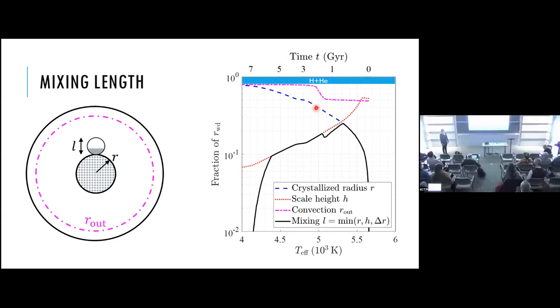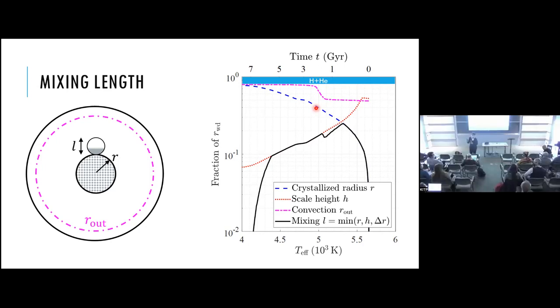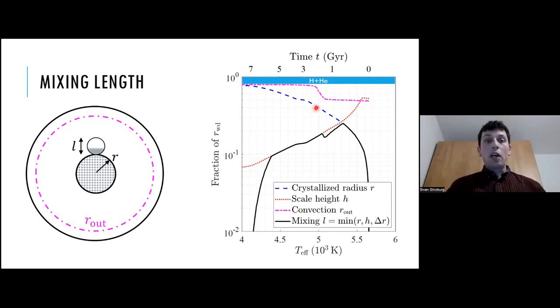Perfect, thank you. Evan? Hi, Sivan, great talk. This is Evan Bauer. I'm wondering, does the dynamo require some differential rotation, and does that constrain where it's operating in the interior? Yes, a good question. There are many kinds of dynamos that rely on different kinds of motions.